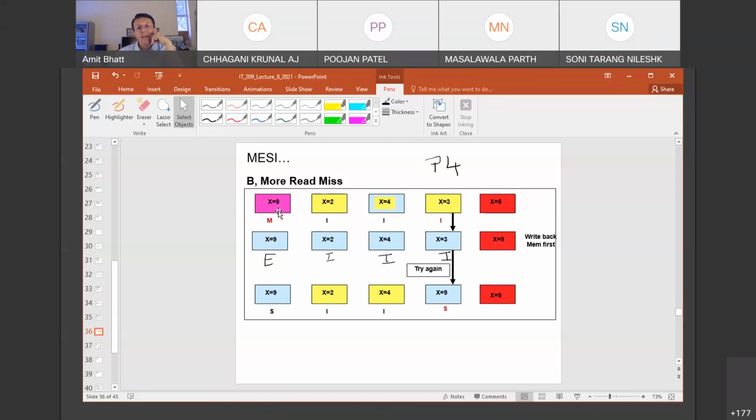So the flag for that block in the cache of P1 changes from modified to exclusive. Then P4 can go and copy it from the memory. When it copies it, the flag for this block in P1 changes from exclusive to shared, because now the cache of P4 also has the most current value. Does anyone have any question in this?